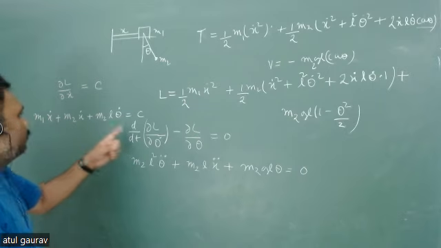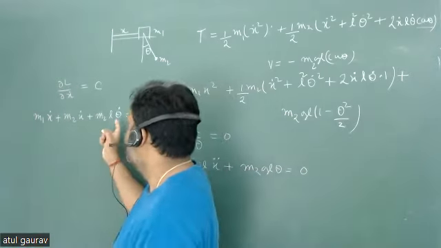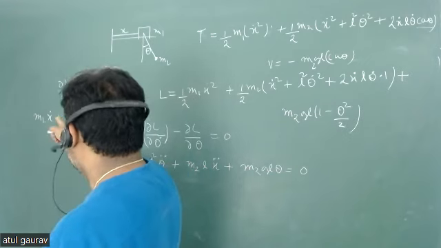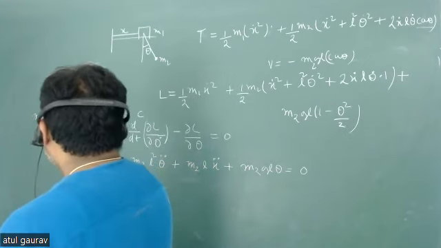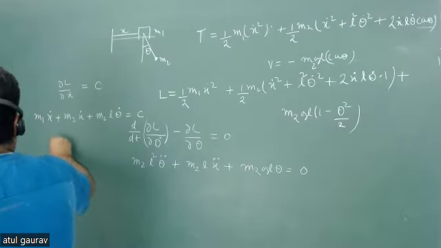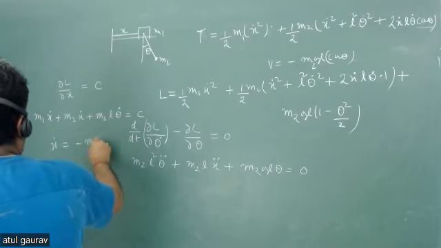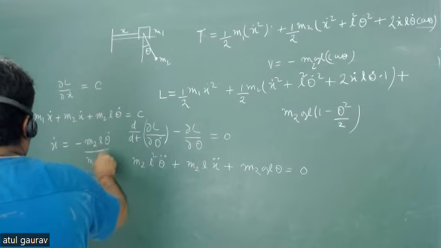And here you can see there is a relationship between theta dot and x dot. So what is the relationship here? x dot is nothing but minus m2 L theta dot by m1 plus m2.